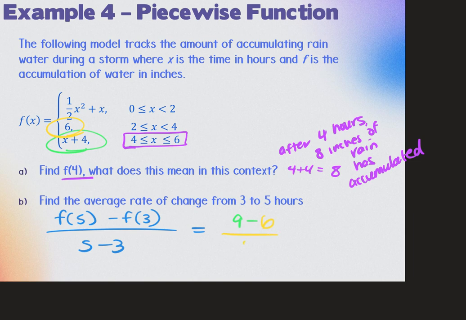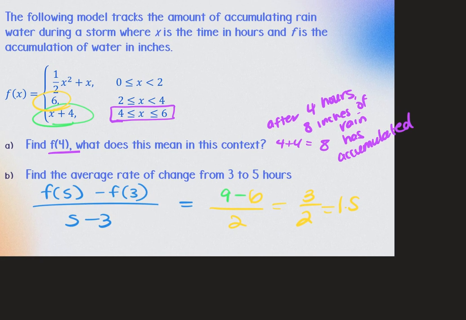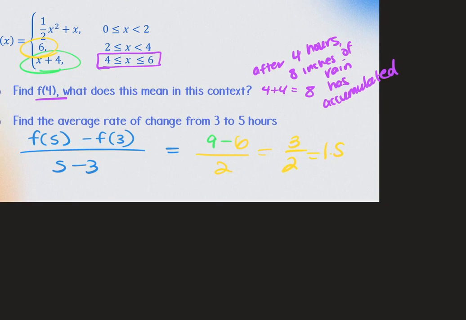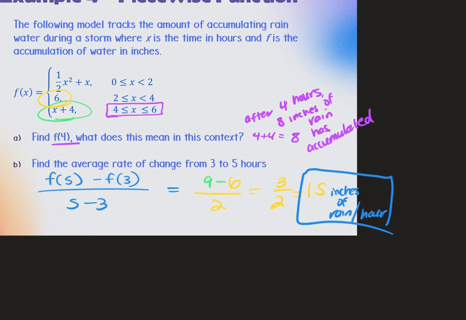Over 5 minus 3, which is 2. And I'd get 3 over 2, or 1.5. So the rate of change is 1.5 inches of rain per hour. I know it's hard to read.